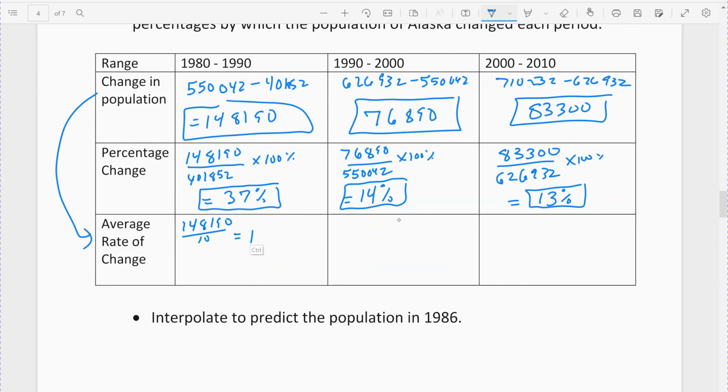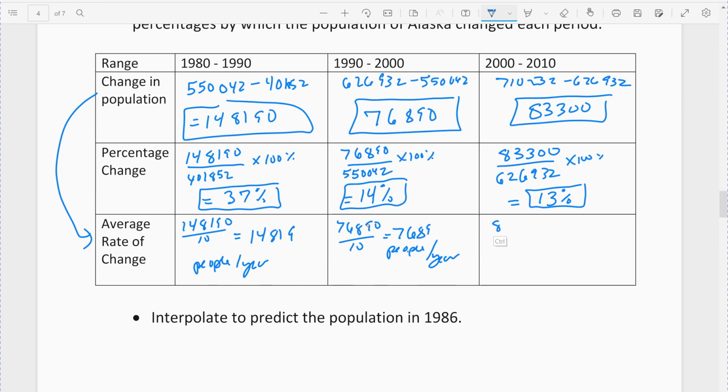And so again, this comes out to 148190 people per year. This is going to be the 76890 divided by 10, right? That's the change in the population over the change in the 10 years. Comes out to 7689 people per year.